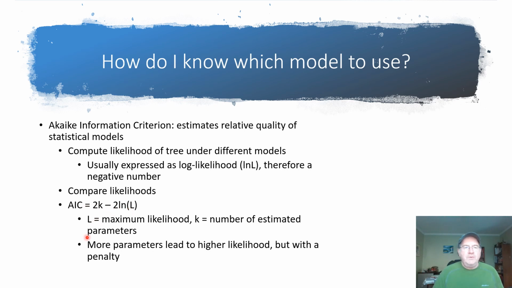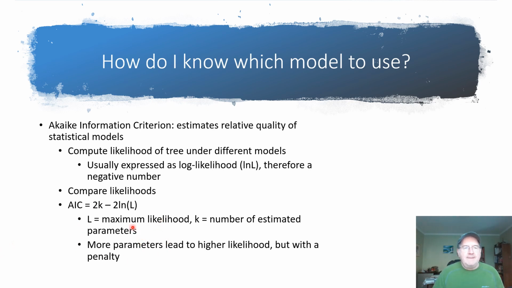Depending upon what the log likelihood is, because this is a negative value, you're taking 24 and adding some number to it. Whereas this number is going to be smaller if you're recognizing fewer parameters.